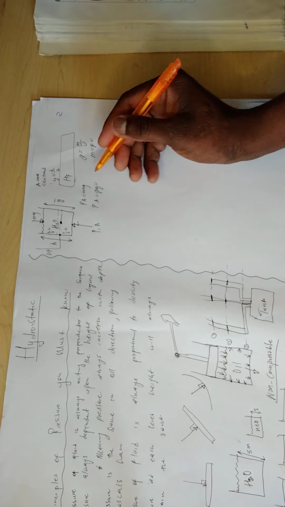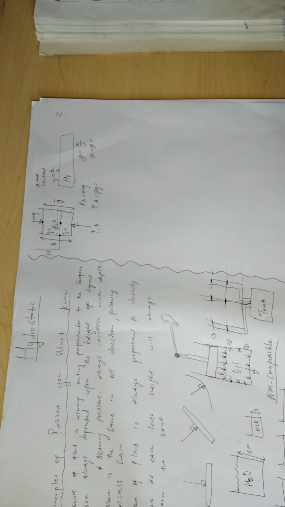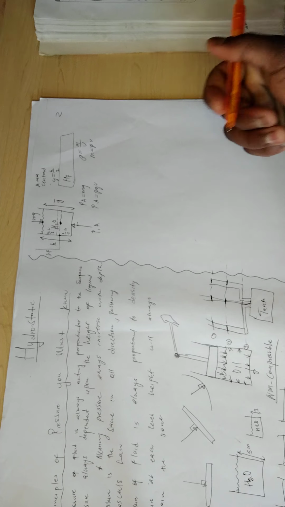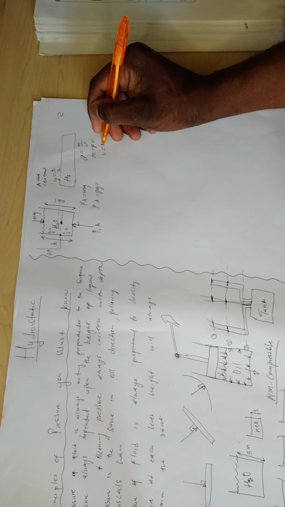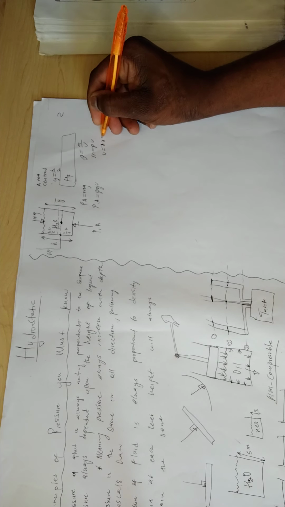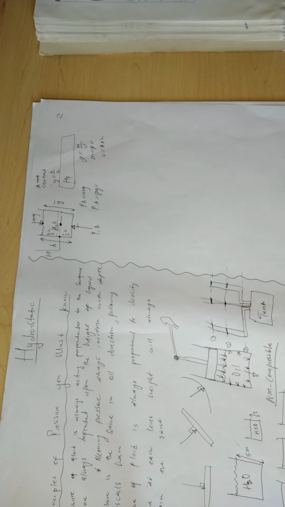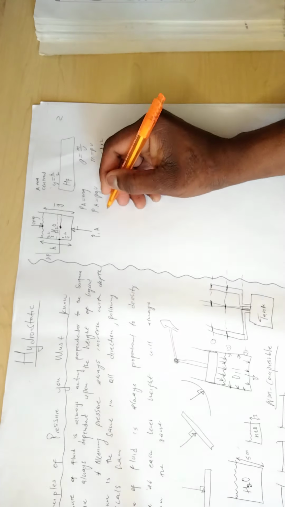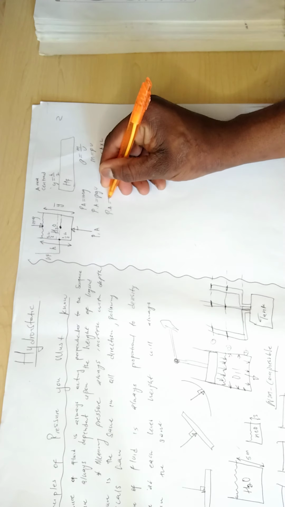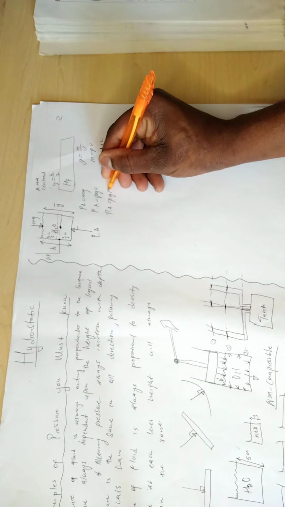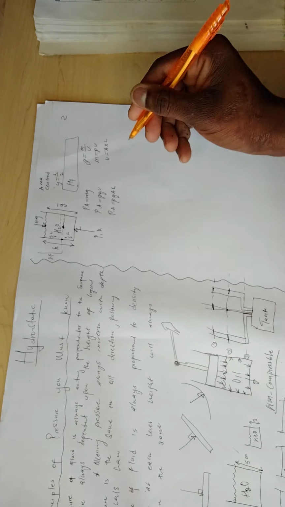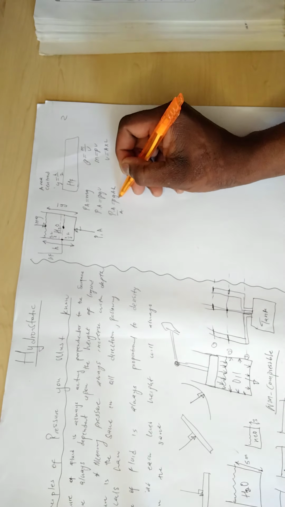So we now have this equation. From this equation, let us break out volume. We know that volume equals area multiplied by length. But in this instance, I need us to use our length as a height. So we're going to have pressure times area equals density, g, area and height, meaning we're going to divide both sides by area.